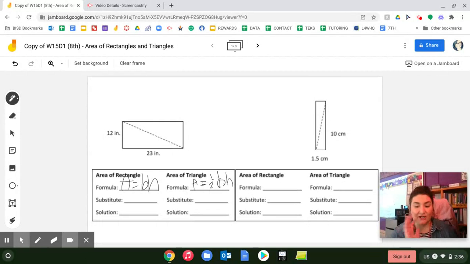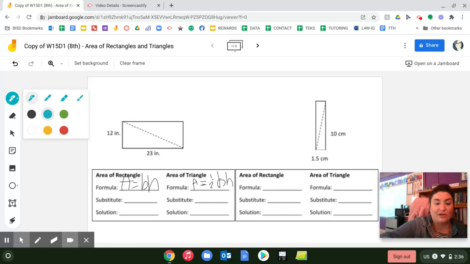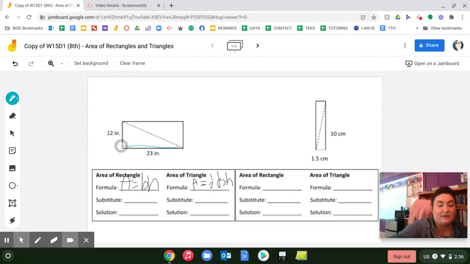I want you to pause the video for a second, and I want you to think about why the triangle is half base times height and the rectangle is full base times height. So I hope that you can see that to find the area of a rectangle, we're doing the base times height.